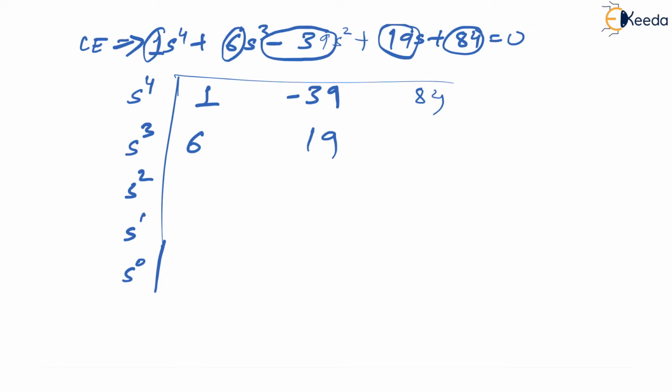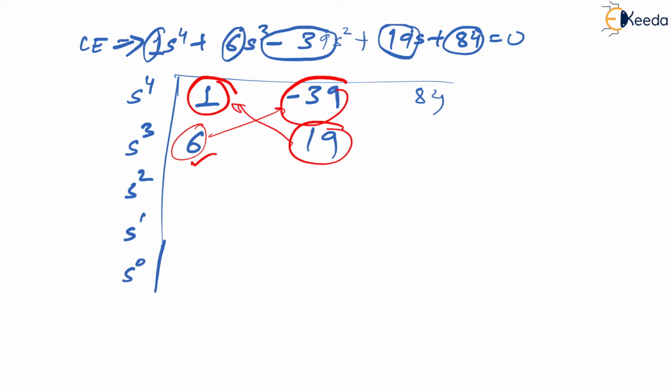Now, let us apply this. What do we get? If you apply here, what do you get? You get this into this minus this into this upon this, right? Which means it is what? 6 into minus 39 minus 1 into 19 divided by 6.